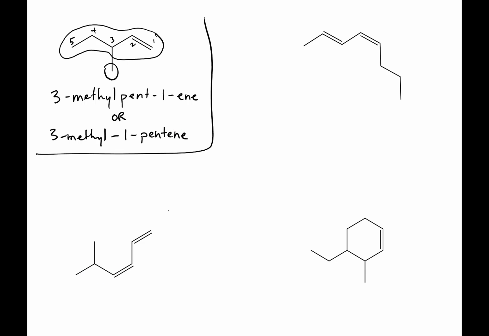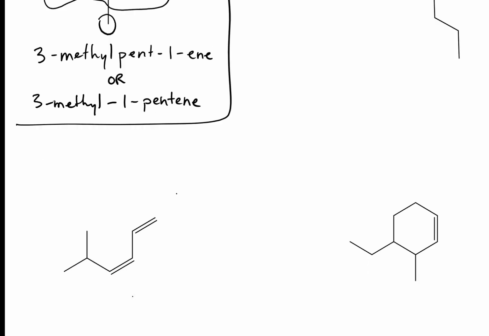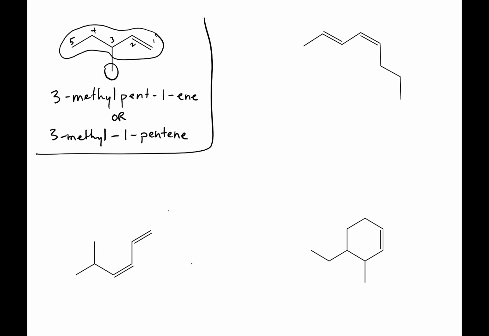All right, so let's try this one actually down here on the bottom right. Now one thing that's different, and I'm sure you've recognized this right away, is that this is a cycloalkene in this case, not alkane, but there's a cyclic region to this molecule.